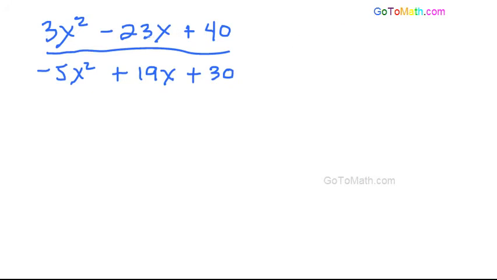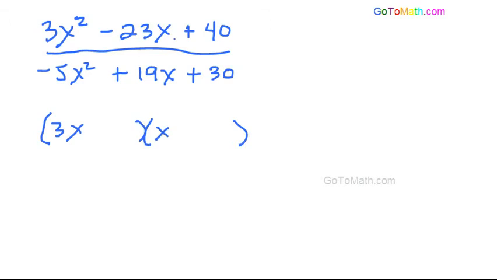So we take a look at the top here. Wow, we get another 23. We got one of those last time. Okay, so it doesn't look like anything's going to factor out here, and not in the bottom either. Alright, good news is the only numbers that will go into 3 is 1 and 3, so we know this will be a 3x here. So that's good news.